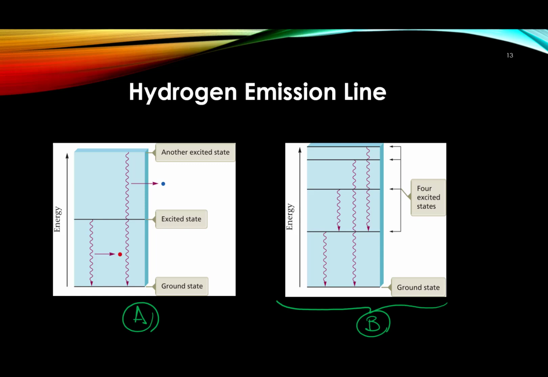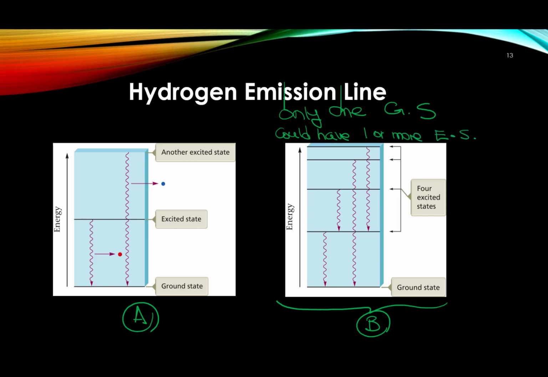We have only one ground state, but we could have one or more excited states.